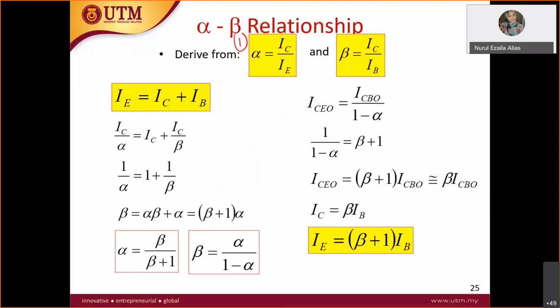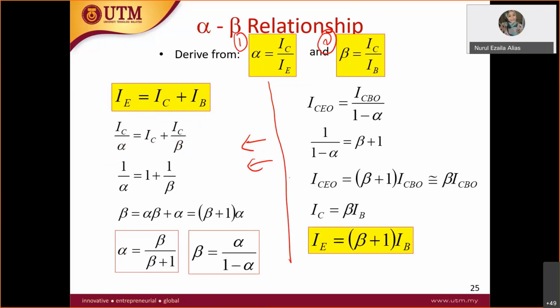The first one, alpha is equal to IC over IE, and the second one, the gain factor beta, is IC over IB. If you rearrange the equation, this part is important. You get IE equal to IC over alpha, and IB equal to IC over beta.